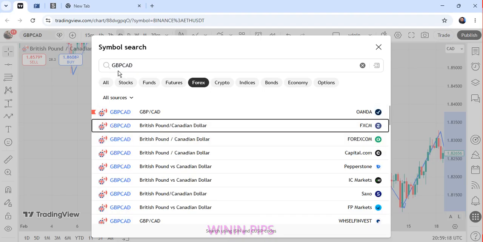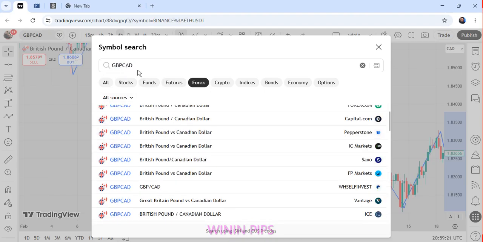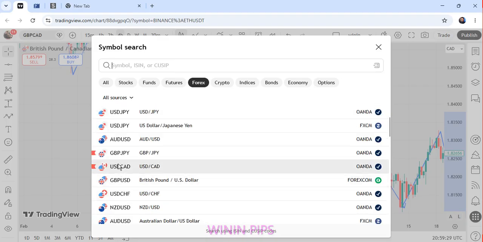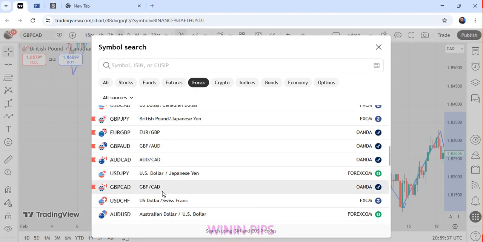Let me just clear this one so that different markets will show: EUR/USD, USD/JPY, GBP/JPY, AUD/USD, NZD/USD. There are many. Just pick at least 5 of them and practice. First start with the market movement. You draw your lines: impulse move, pullback, impulse move, pullback, in that order for an uptrend.